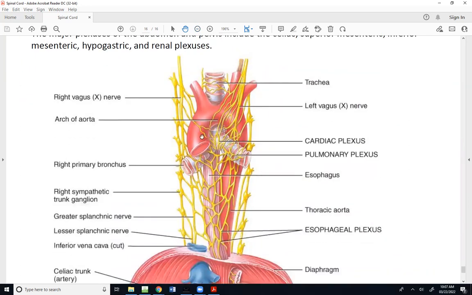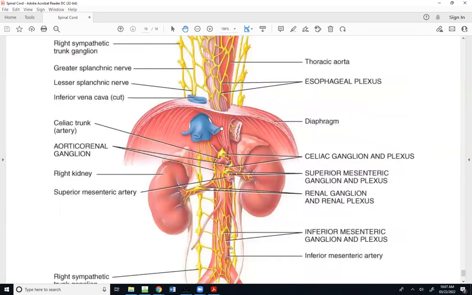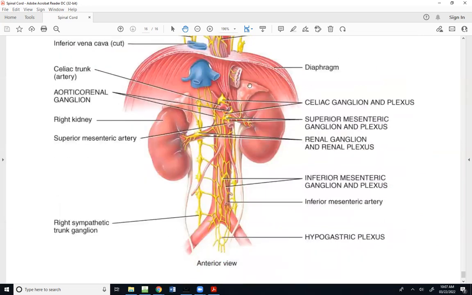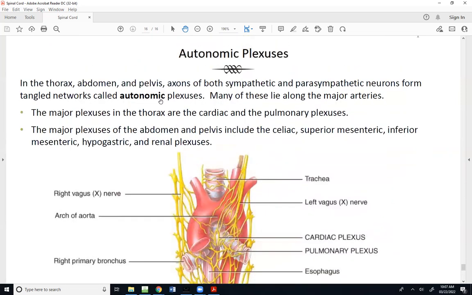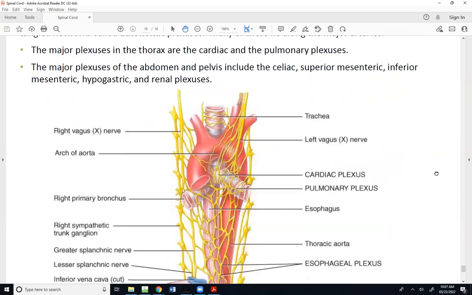This is your aortic arch, which is the first blood vessel that receives blood from your left ventricle when it pumps blood out. All the stuff there in yellow is the nerves and the plexuses surrounding things like your aorta, and then down here in the abdomen below that diaphragm that I talked about this morning. We call these autonomic plexuses, and they include in your thorax the cardiac and pulmonary plexuses, and in your abdomen and pelvis the celiac, superior mesenteric, inferior mesenteric, hypogastric, and renal.